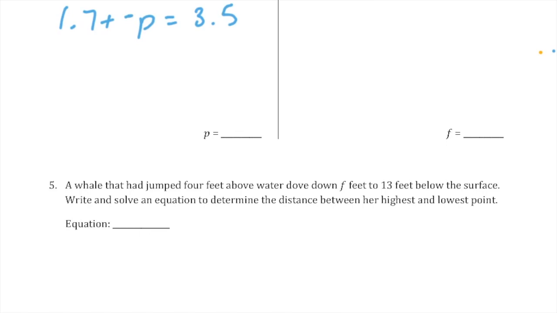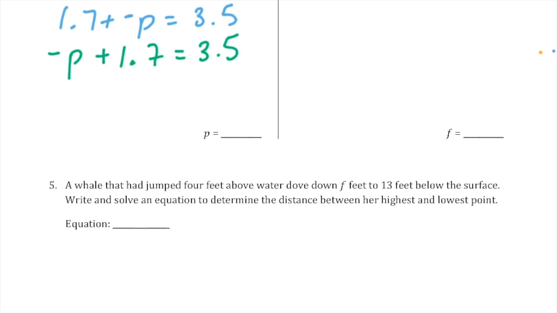I now have to write this expression in standard form. So instead of 1 and 7/10 plus negative p, I'm going to write it so that the variable is first. Negative p plus 1 and 7/10 is equal to 3 and 5/10.